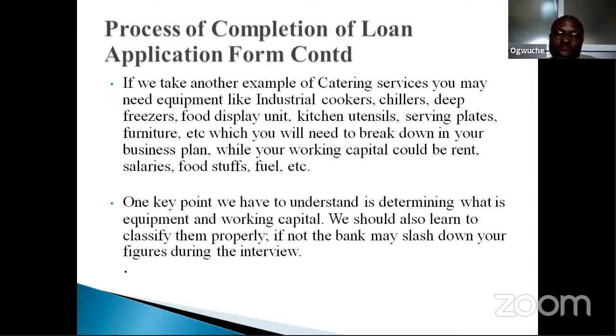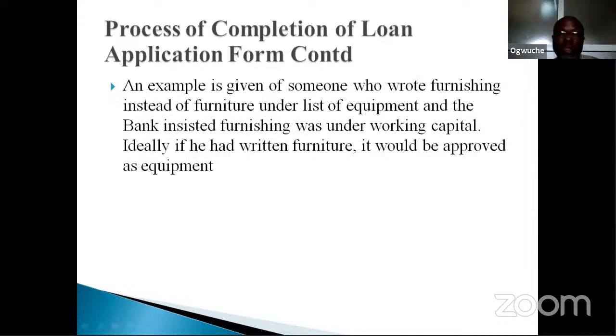So that is how you also do the breakdown for catering services. So these are 3 examples in agriculture and then 2 from SMEs, okay? So one of the key points that we need to understand is determining what is equipment and then working capital. Okay, we should learn to classify them appropriately, because if we don't classify them appropriately, we might run into problems during the interview. Okay, right.